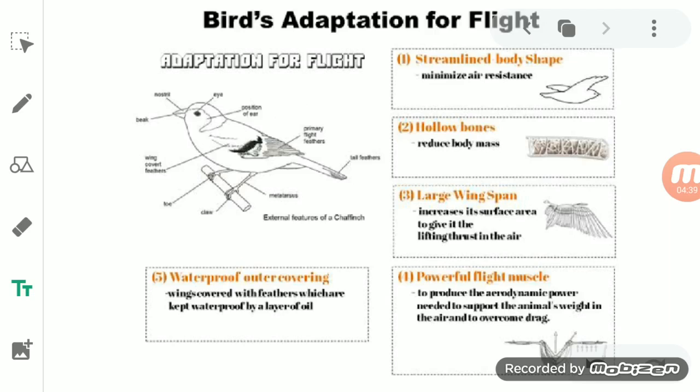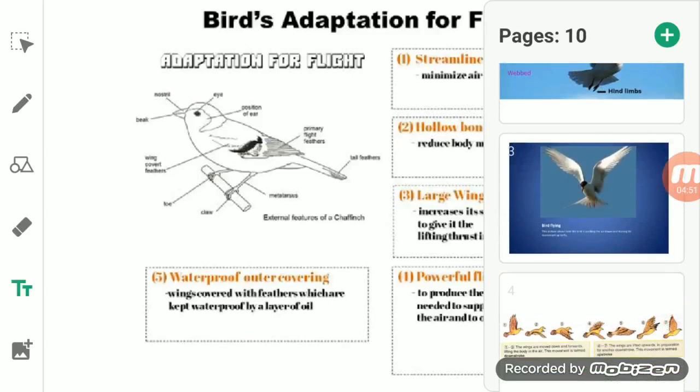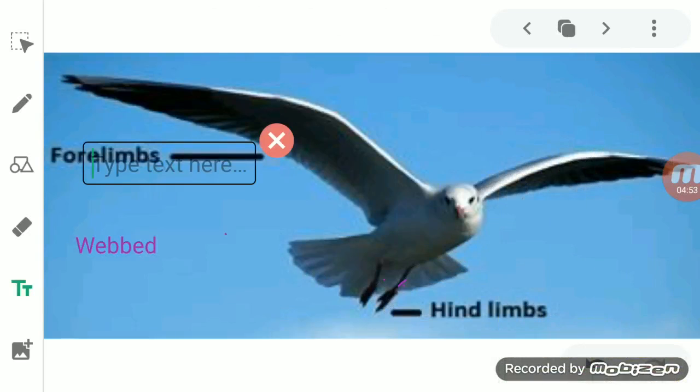So you see here, students, the first and foremost is that their forelimbs are modified to form wings for flying. Right now I showed you the forelimbs, and these forelimbs indicate the wings of the bird.